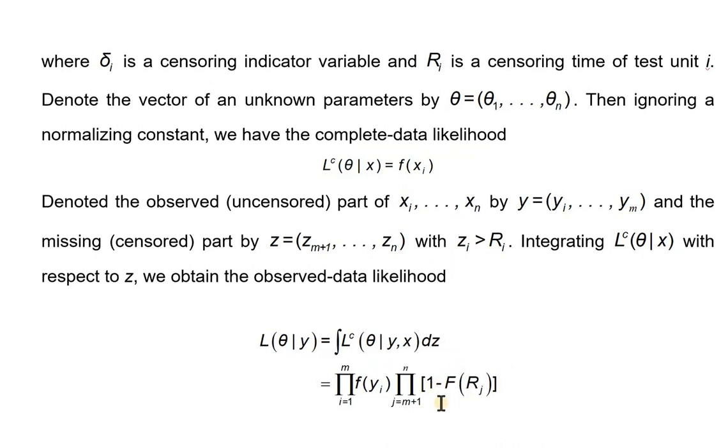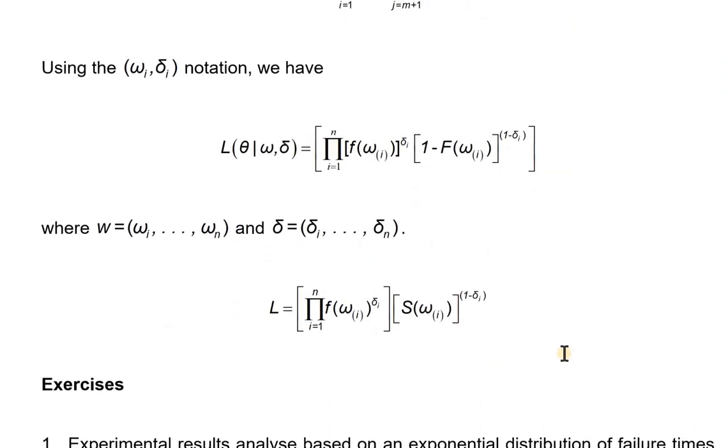That is why we use the R(t) for the censored, from m plus 1 until n. So we split into two parts, and then combine them from 1 until n, and then we will use the omega and delta notation.